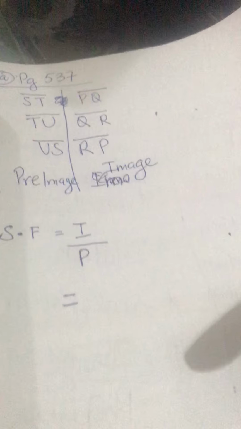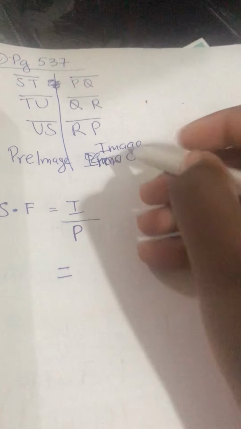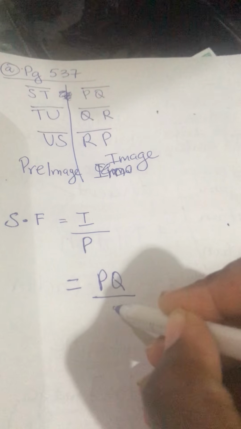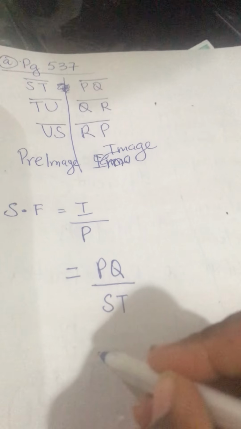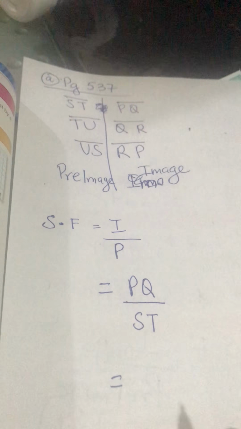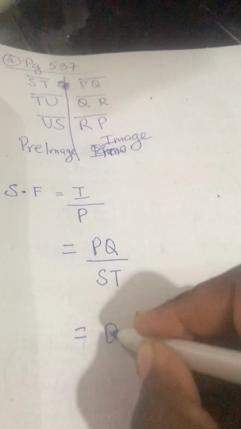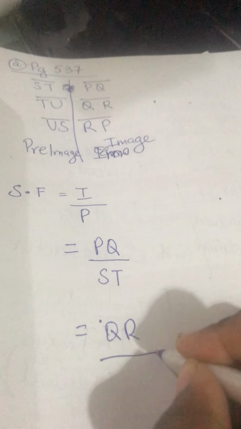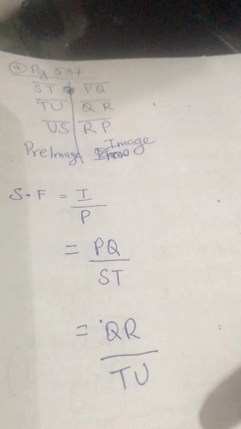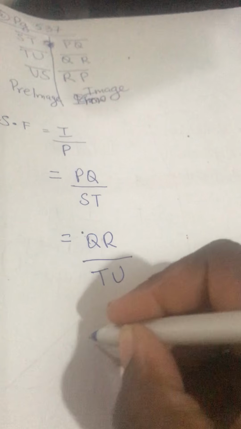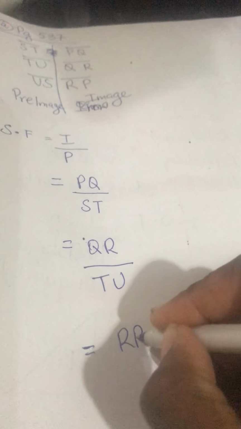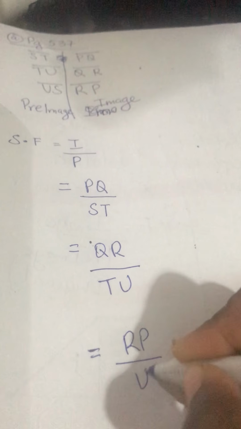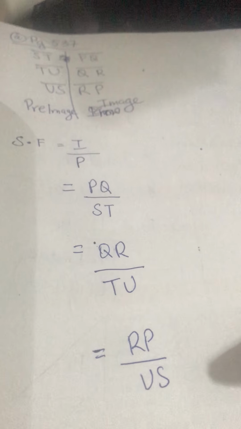Which equals PQ over ST, which equals QR over TU, which equals RP over US. All right.